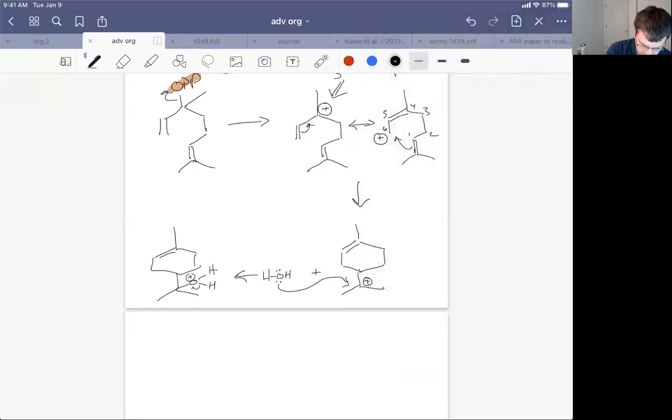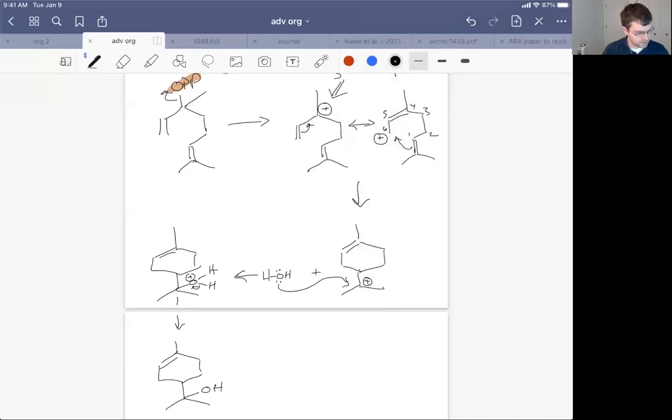I didn't make note of this structure. This looks a lot like menthol. Maybe I'm wrong about that. Menthol definitely has that isopropyl group hanging off, but maybe we've got the alcohol elsewhere in the molecule. But anyway, we get to interesting structures.